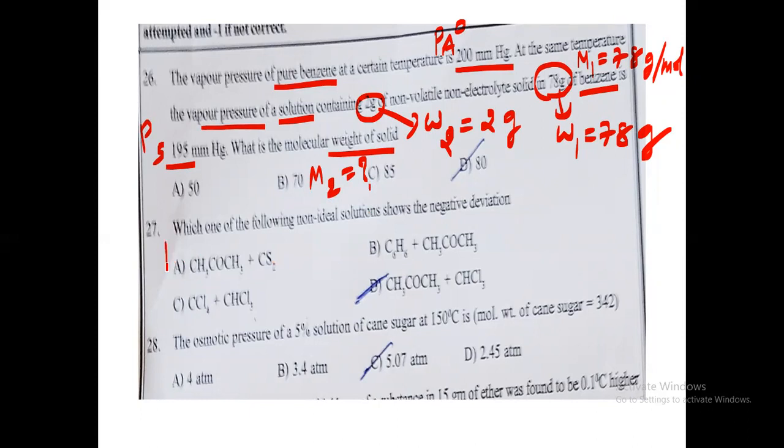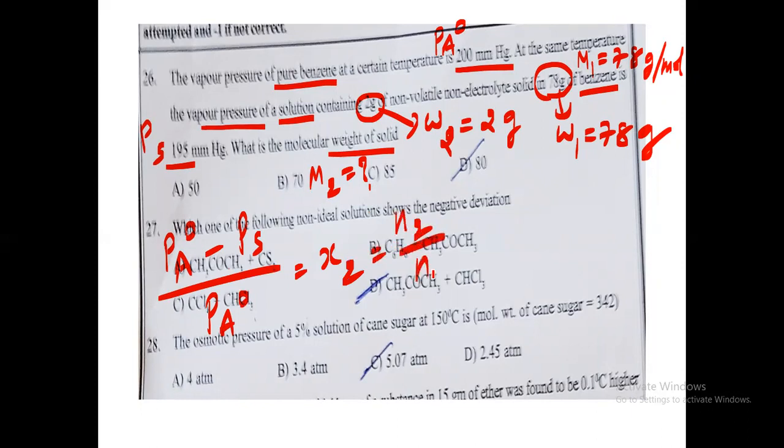Which formula should we apply? PA naught minus PS by PA naught is equal to X2, which is N2 by N1. In the case of very dilute solutions, we take N2 by N1 only. N1 plus N2 is taken as N1, because N2 is very small compared to N1.